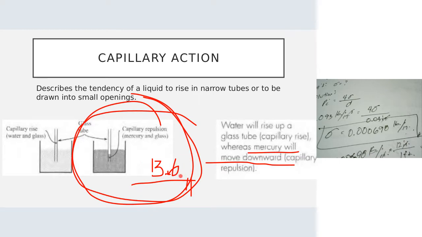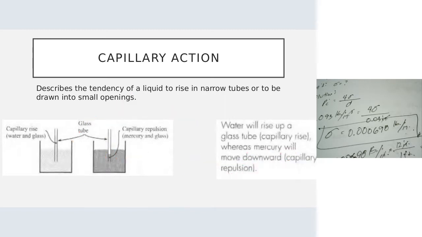So, yung density or yung unit weight ni mercury mataas. So, mabigat siya. Ang tendency, mag-fall siya or mag-move downward. So, kapag naglagay tayo ng glass dito, no, narrow glass, ganun yung mangyayari. And this is called capillary repulsion. Okay? So, that's capillary action, no, basically.